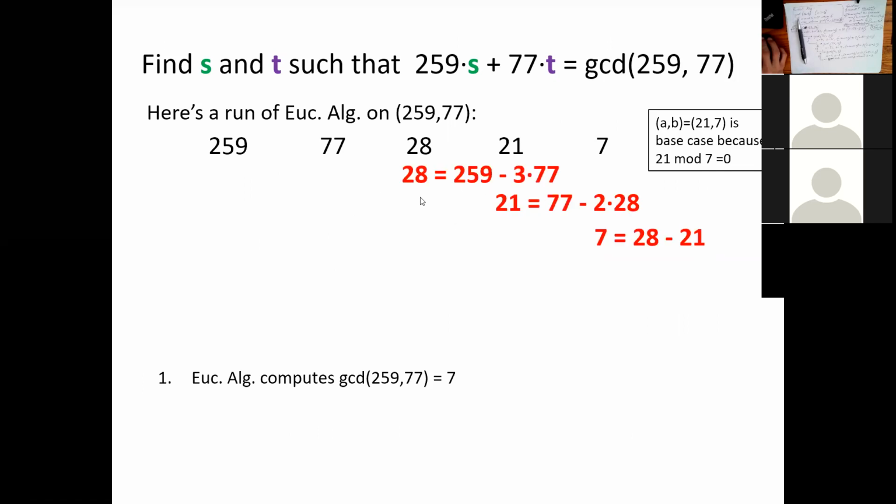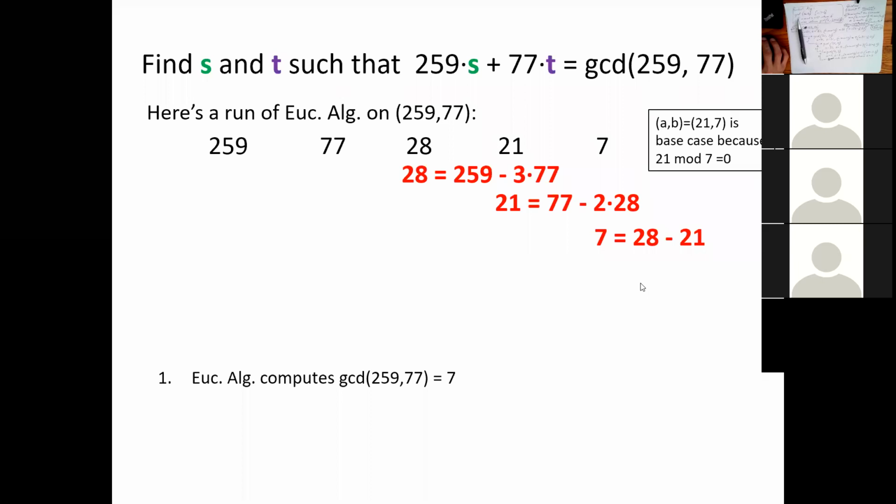All right. Okay, so here is how you reverse this. Use these linear equations to express 7 as a linear function of 259 and 77, so your original A and B. The final equation already tells you the coefficients needed to express 7 as a linear function of the last A and B, 28 and 21.